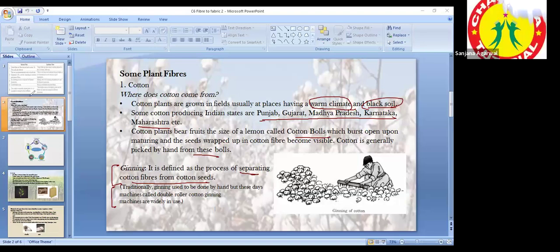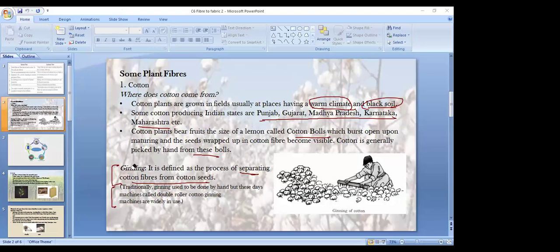Done now? Last point. No, ma'am, I am in the third point. Be quick. Done, ma'am.